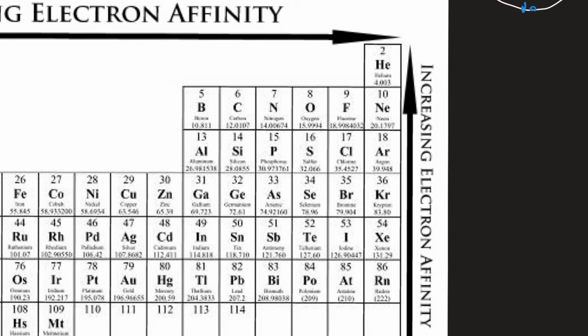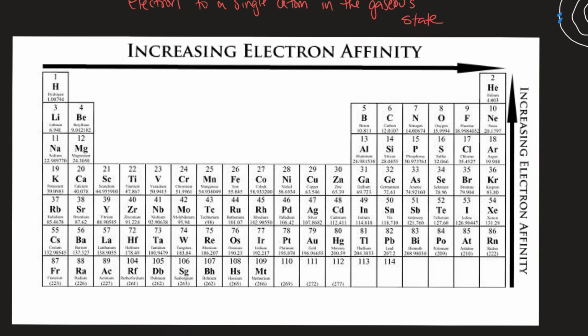When we're looking at this trend, what we find is that as you go up the periodic table, the electron affinity increases. So if you were to compare the electron affinity of xenon to neon, you see the electron affinity increases. If you're comparing magnesium to barium, we could say that magnesium has a higher electron affinity than barium.